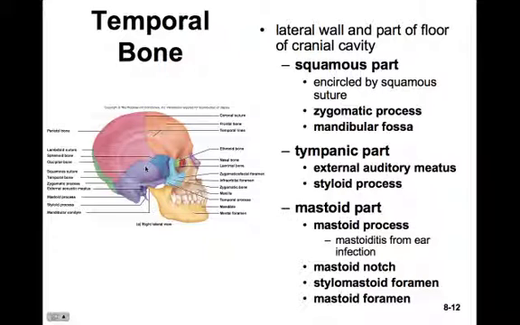The tympanic part is where we see all the auditory meatus and the styloid process right here. And the mastoid part is where we see the mastoid process. It's this posterior portion right back here. We also see the mastoid notch, the stylomastoid foramen, a hole, and the mastoid foramen. However, they can't be seen very easily from this view.